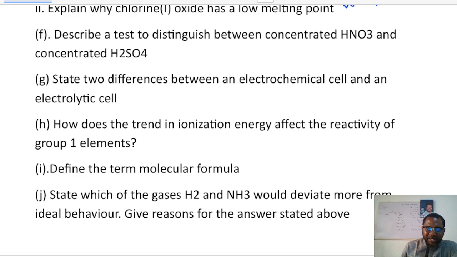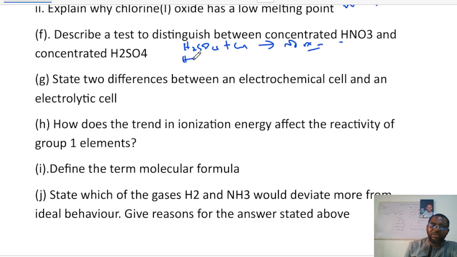That's very, very important. One of the tests can be reaction with copper. For example, H2SO4 cannot react with copper. That means when you have H2SO4 plus copper, you are going to have no reaction.